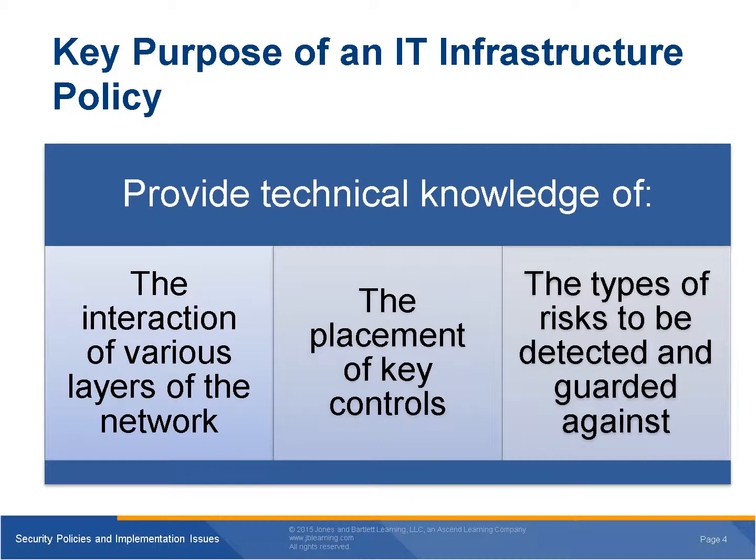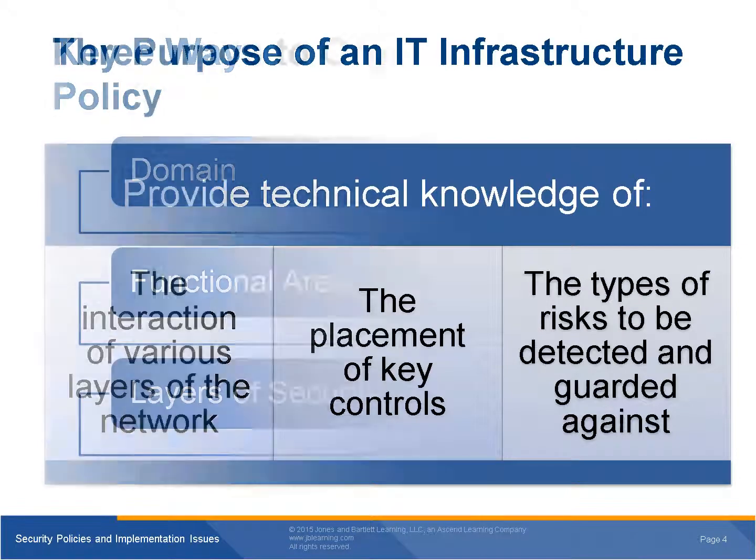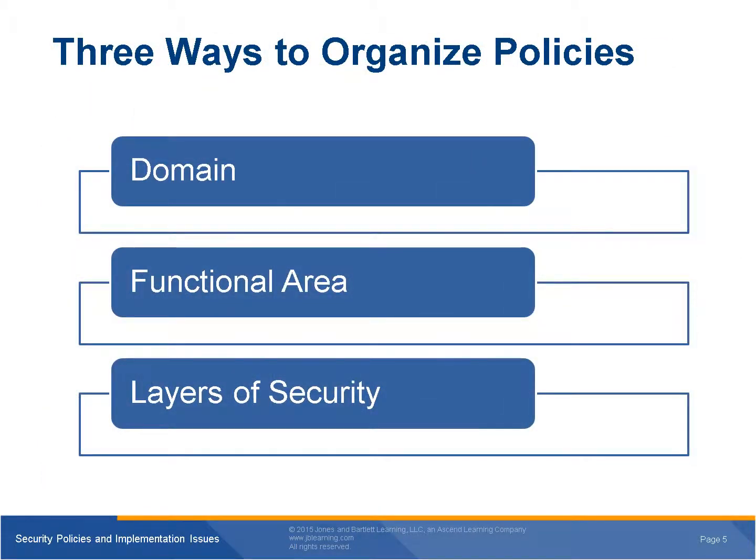So the key purposes of an IT infrastructure policy are to provide technical knowledge of the interaction of various layers of the network, the placement of key controls, and the types of risks to be detected and guarded against. So, three ways to organize policies.